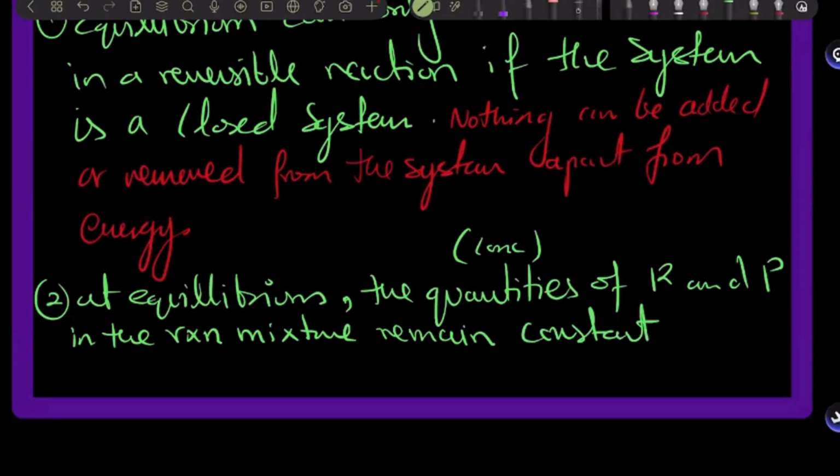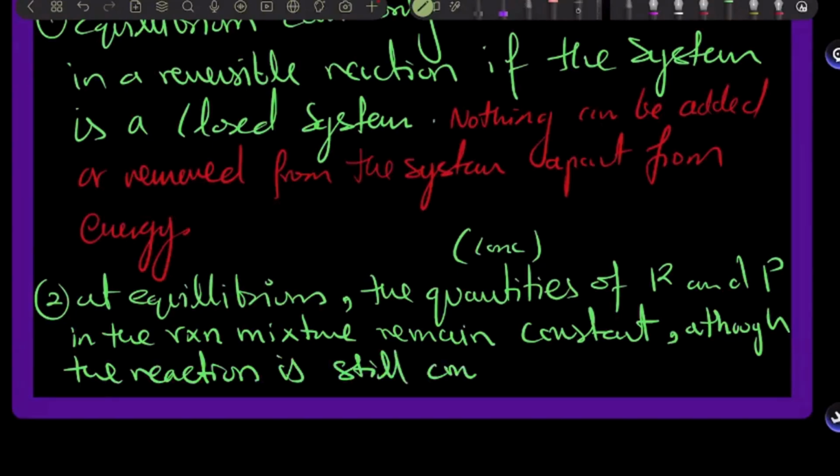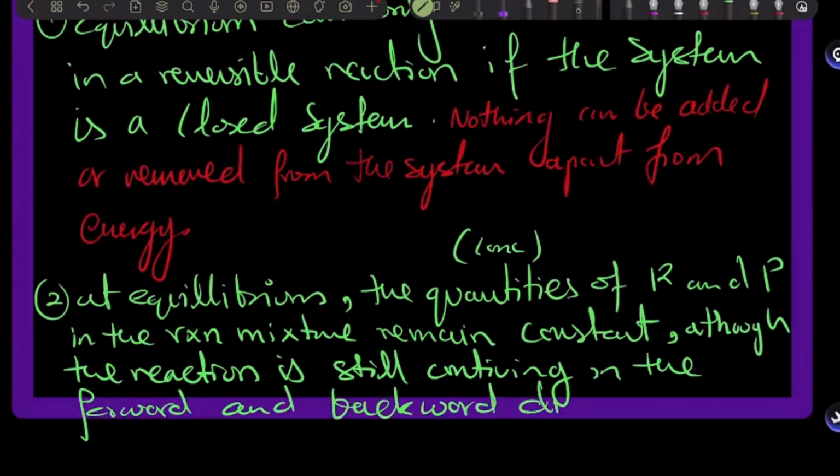But if they're not changing, does that mean that at equilibrium the reaction has stopped? No, it doesn't. It still continues. The quantities are constant, although the reaction is still continuing in the forward and backward directions.